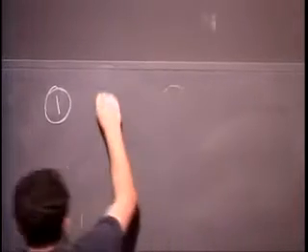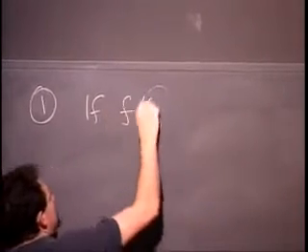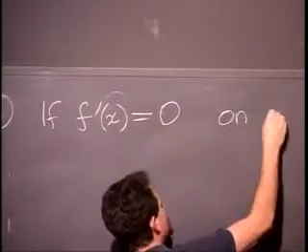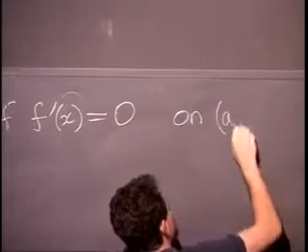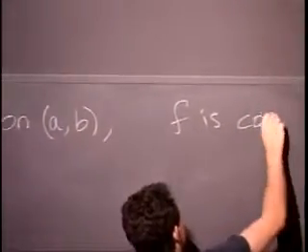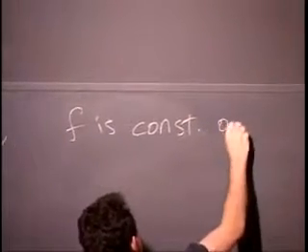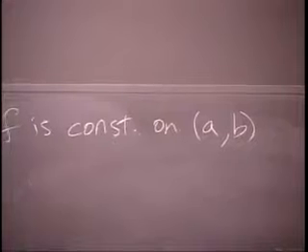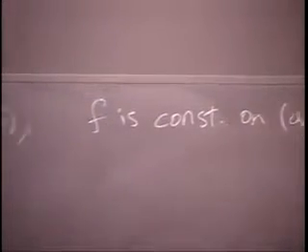Okay, here goes. If f prime of x always equals 0 on an interval a comma b, then f is constant on that interval. Okay, if the slope is always 0, the function is constant.